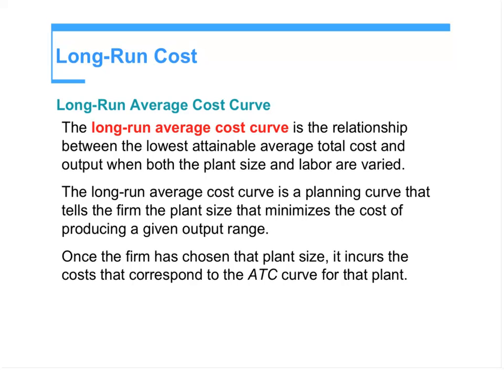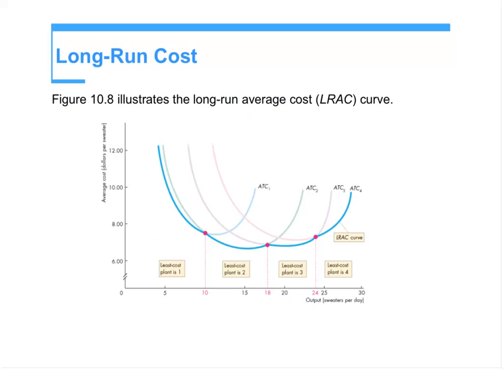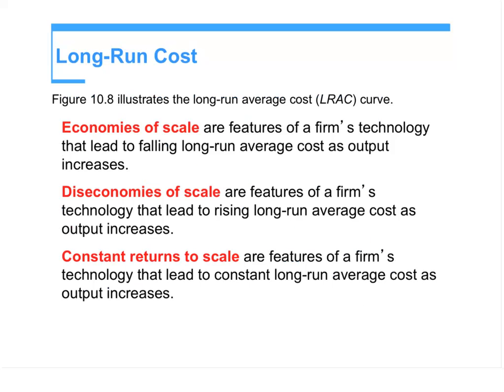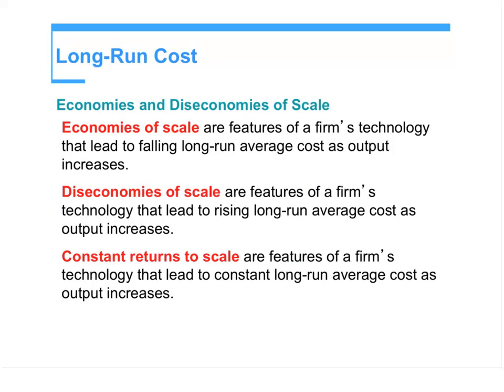Like the next chart was showing you that when we have the different plans, 1, 2, 3, and 4, the one that gives us the lowest long run average cost, we'll pick that one, right? And then to attain economies of scale, using that technology and everything that we have, we want to make sure we have the average cost falling when the output increases.